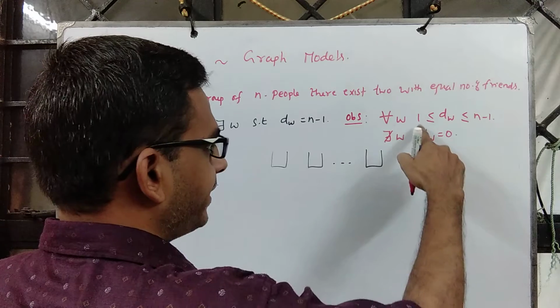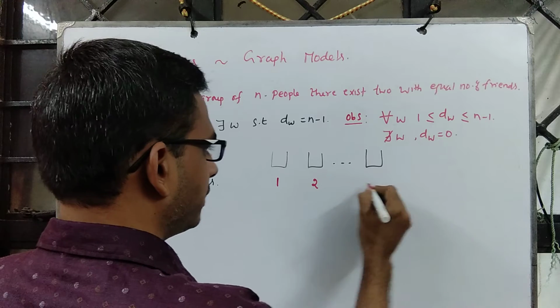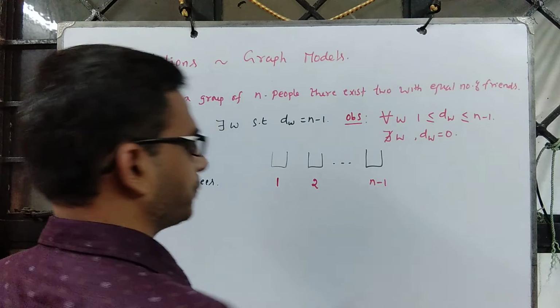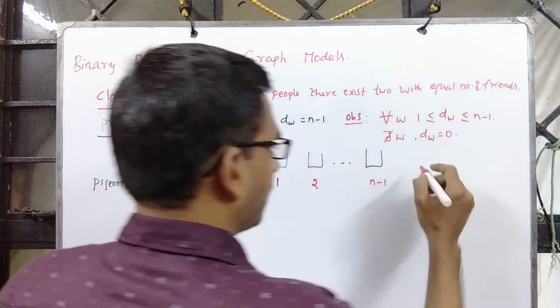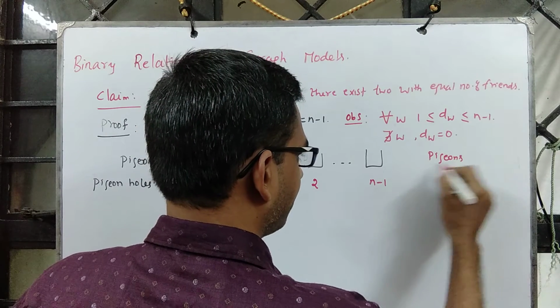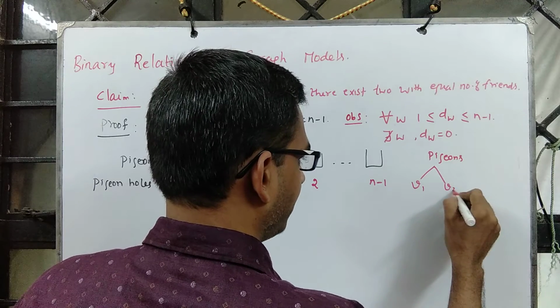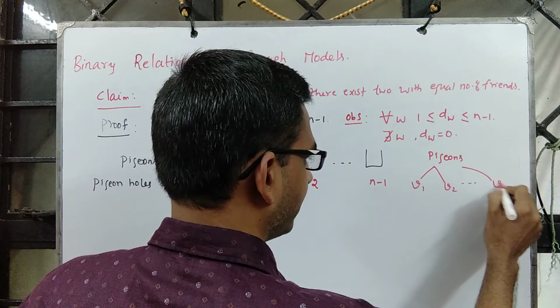So possible degrees are 1, 2, so on up to n minus 1. Now what are pigeons? Pigeons are vertices, so they represent V1, V2, so on up to Vn.